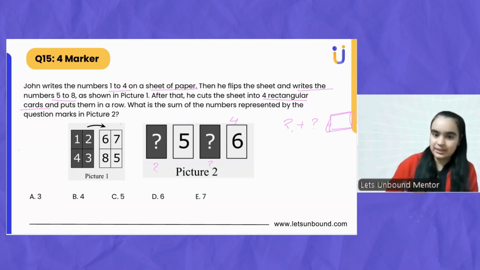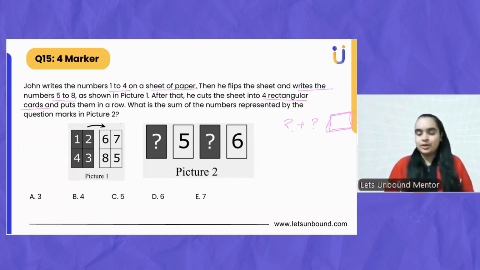Whenever we are flipping something, what will happen? The mirror image will be created, right? If I'm having this hand and I'm going to flip it, see the position of this thumb. Thumb is currently over here, but if I flip it, it will go in the opposite direction, right?